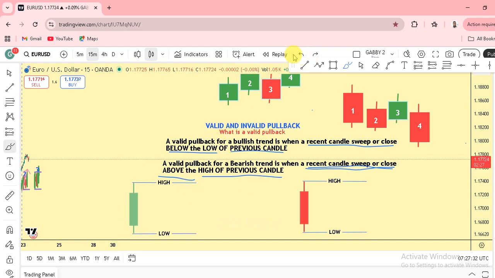According to our definition, a valid pullback for a bullish trend is when we sweep or close below the low of the previous candle.